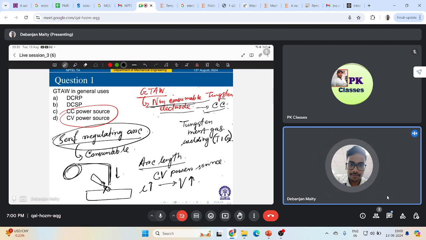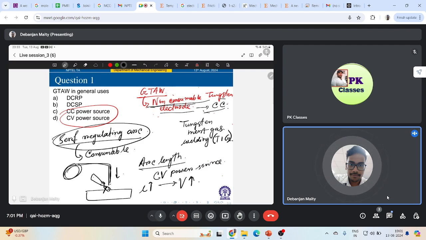And what about reverse polarity or straight polarity? What polarity will be used in gas tungsten arc welding?